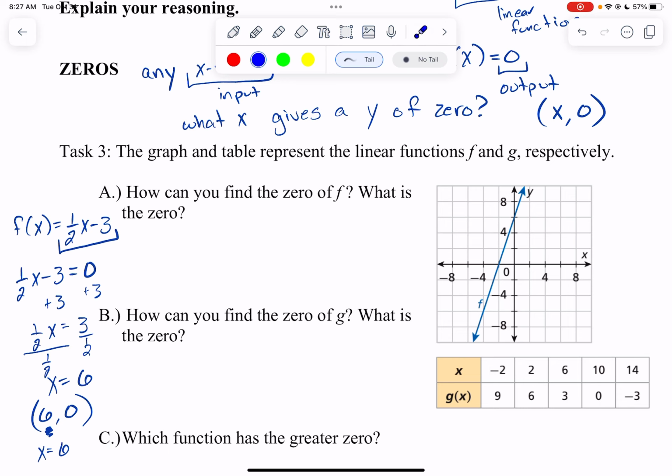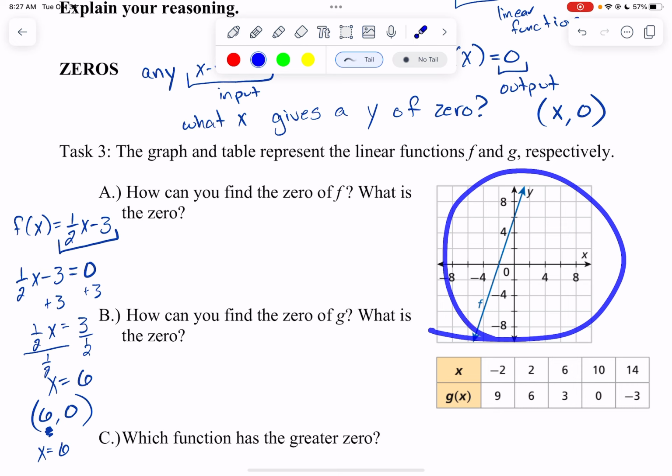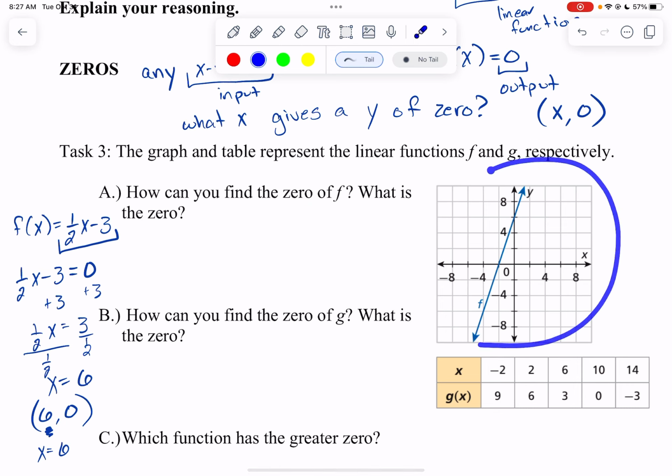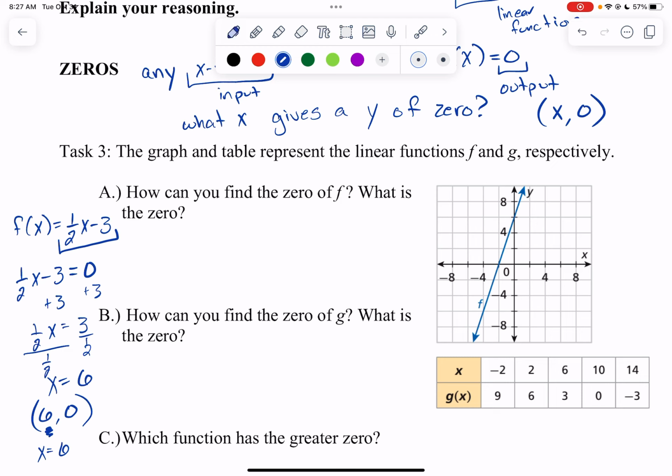Now let's look at if I'm given a graph. How can you find the 0 of f? Here is my function, there's my f. How do you find the 0? Basically, I want to find the point blank, 0 on the graph.